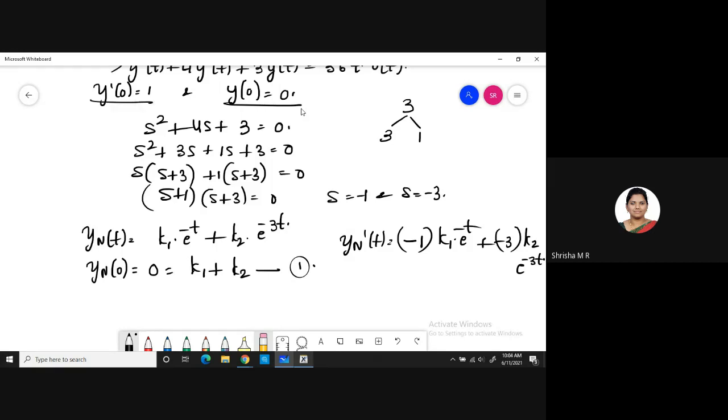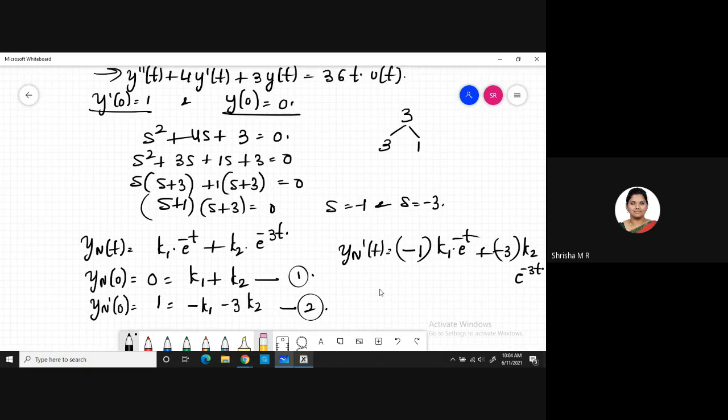Substitute t is equal to 0, you will get yn dash of 0 will be equal to 1, which is equal to minus k1 minus 3 k2 is equal to 1. Got it? This is equation 2. Try solving those two equations to get k1 and k2.